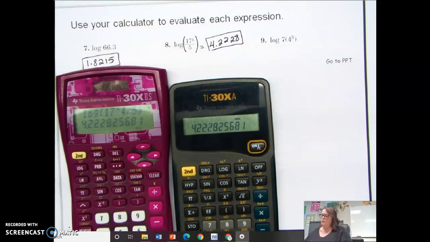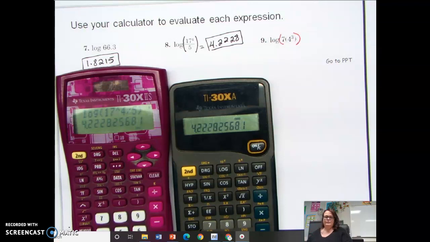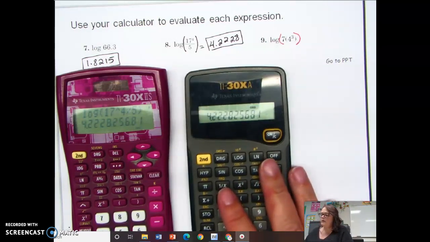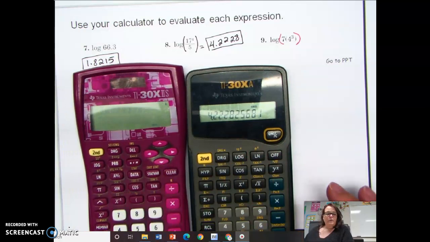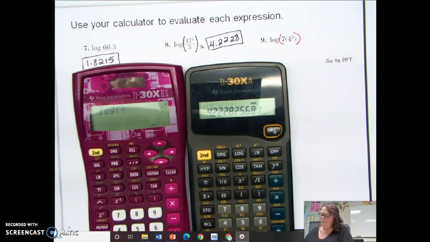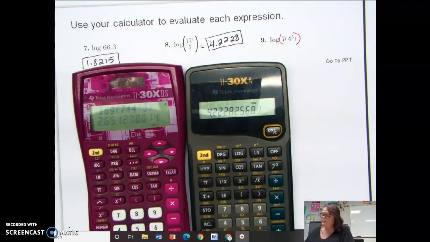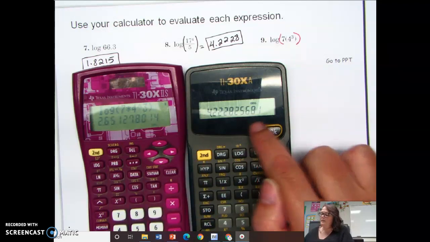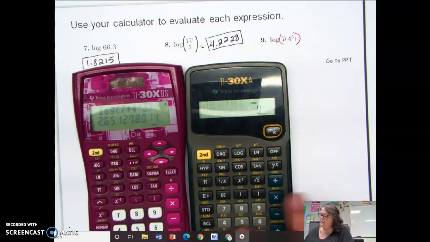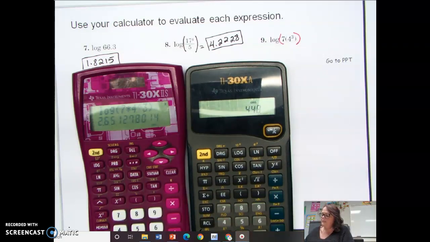On this one, you're going to want parentheses around the whole thing, so see if you can find the answer. On a forward-thinking calculator, we're going to do log, make sure that we have that parenthesis, and then we can do 7 times 4 to the power of 3, equals. On the backwards calculator, we do everything except for the log, so we're going to do parentheses, 7 times 4 to the power of 3, close it.